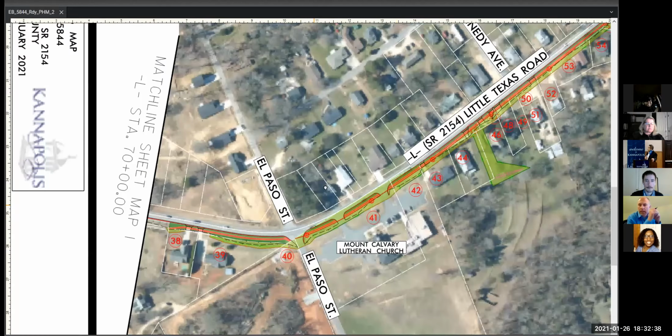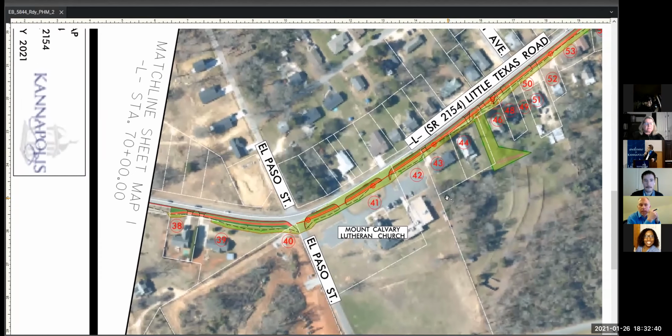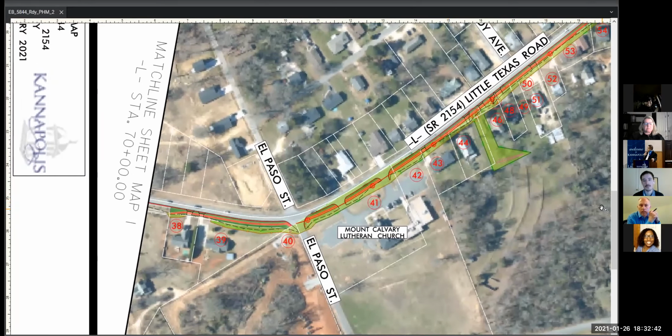It's down south, just in that curve there. Right. So we're not doing any realignment.